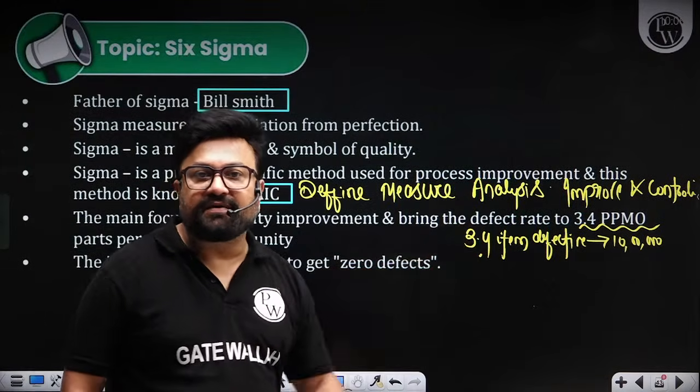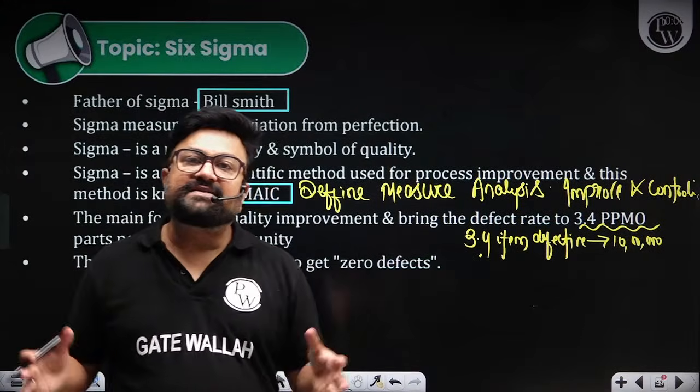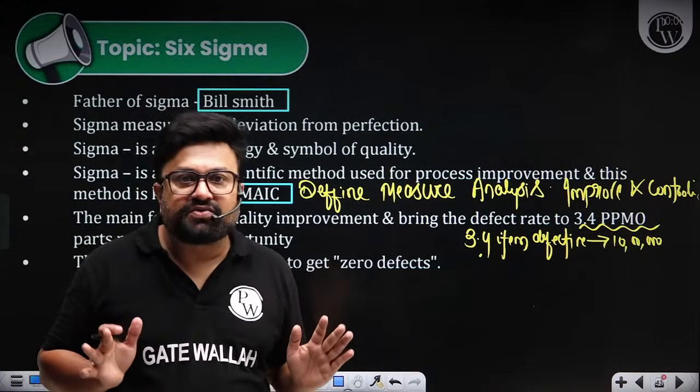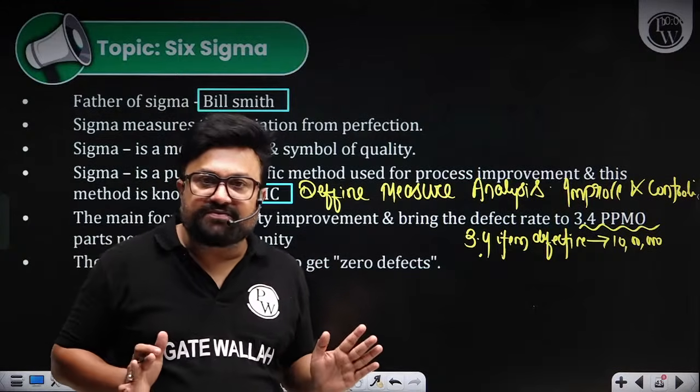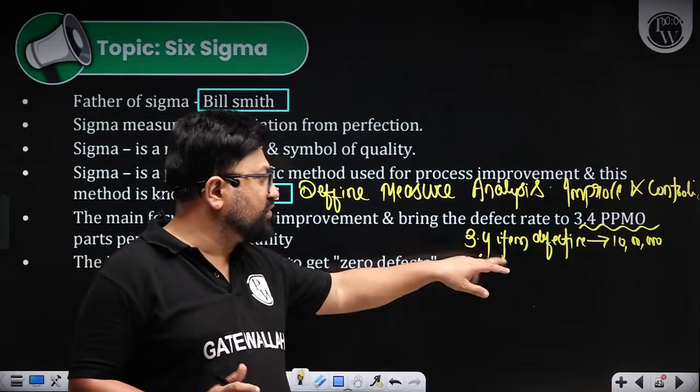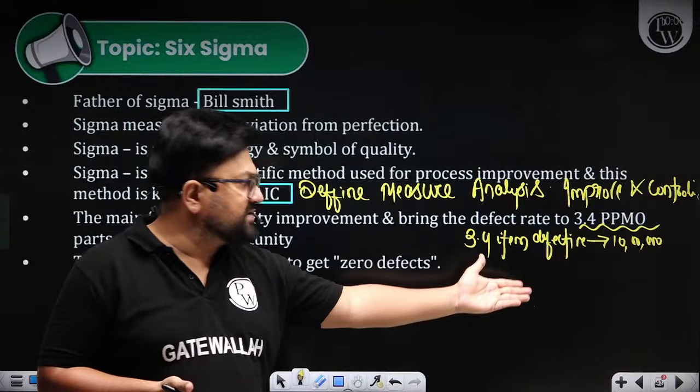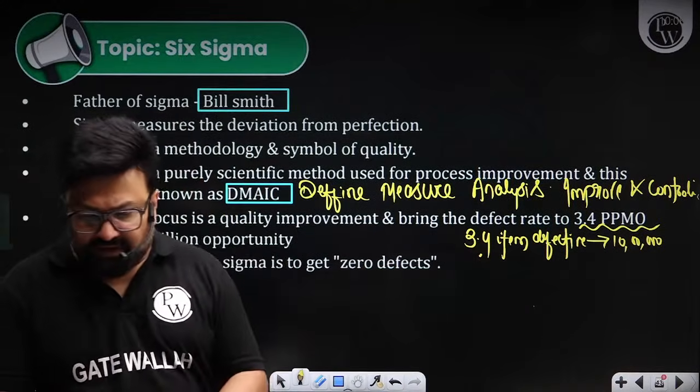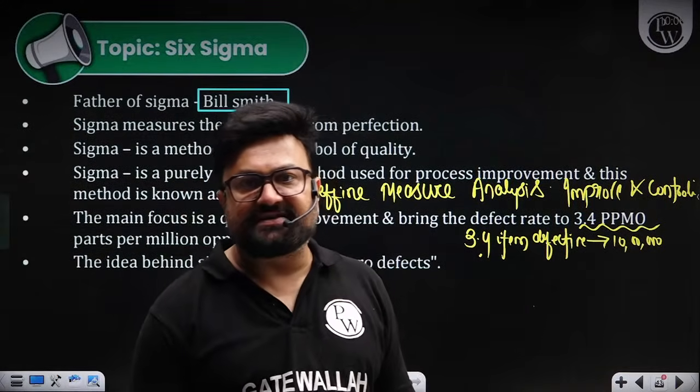That is the motive. So basically we are minimizing the error to zero. The idea behind Six Sigma is to get zero defects.